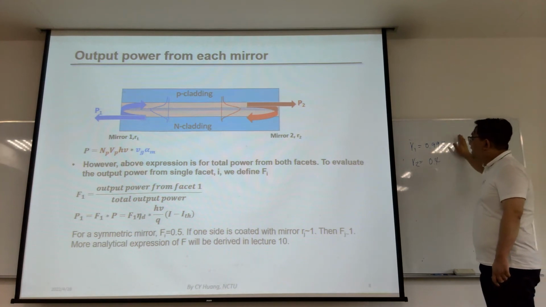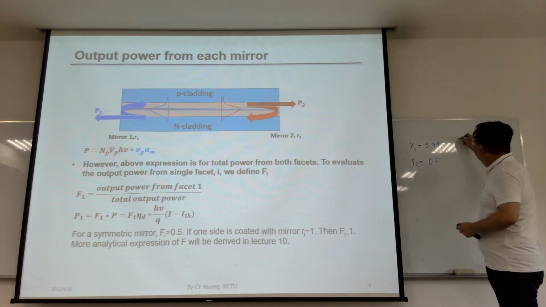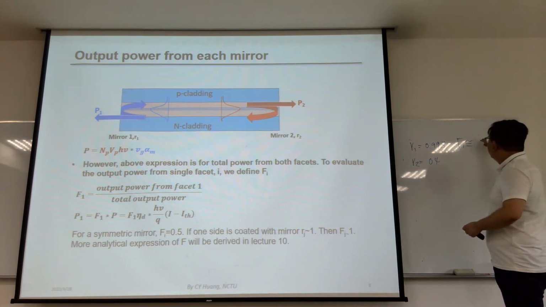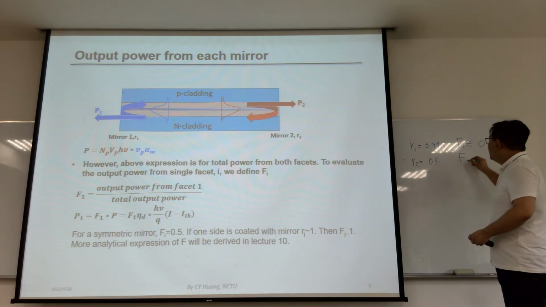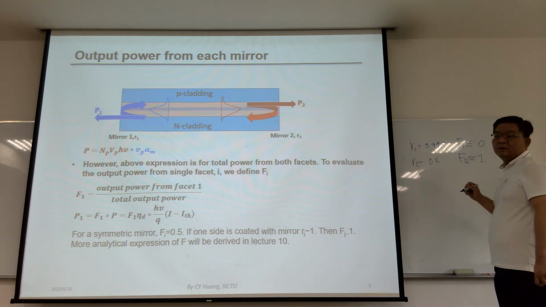Then in such a case, F1 will be almost 0, and F2 will be almost 1.